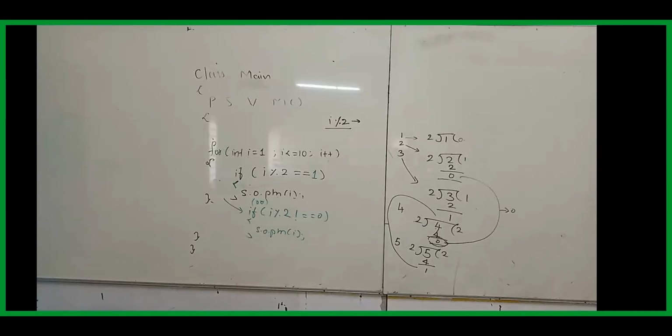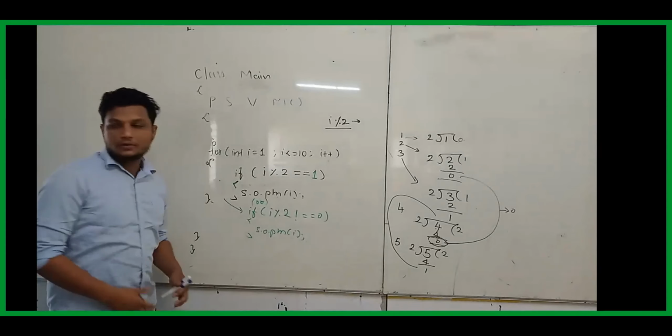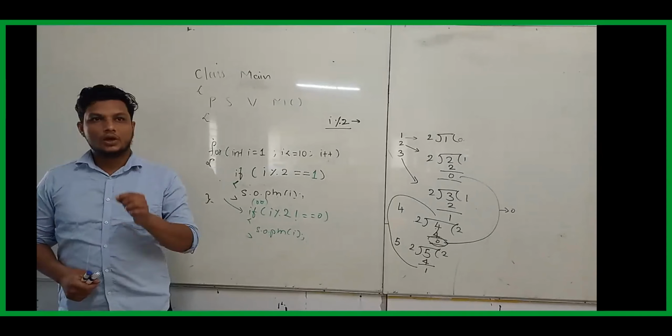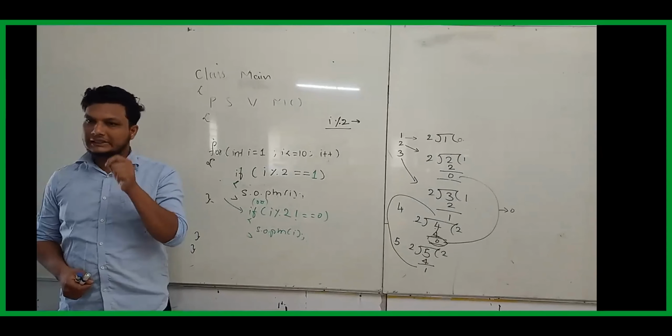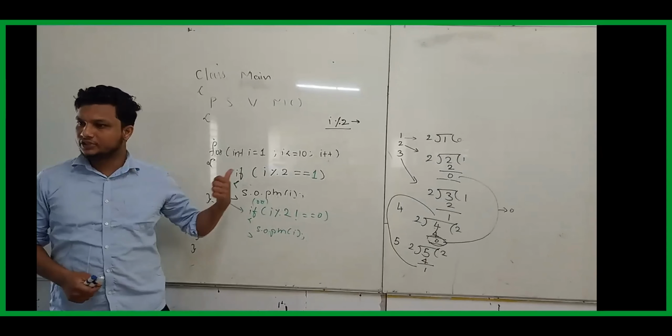Guys, completed. Now assignment. Okay, homework I would like to give you. Now look here, guys, carefully. You know how to calculate the sum of a number, the first program today.